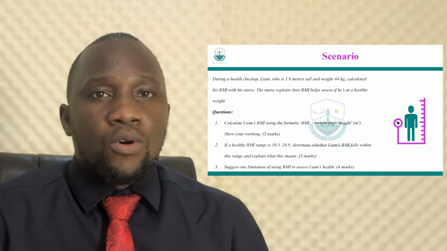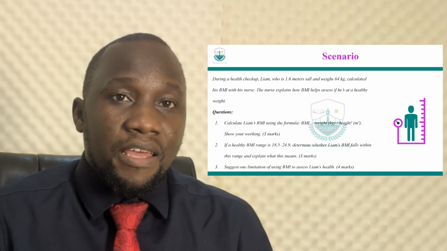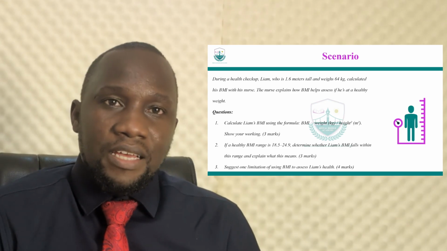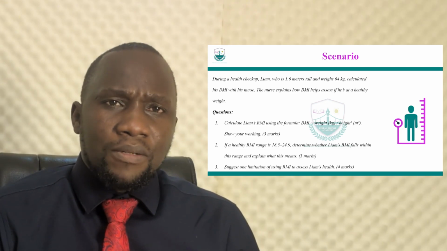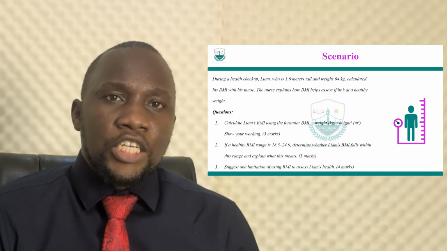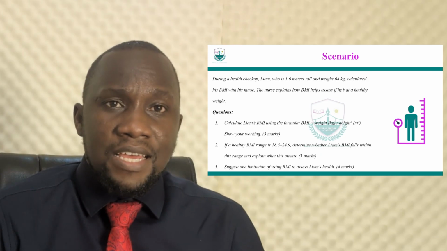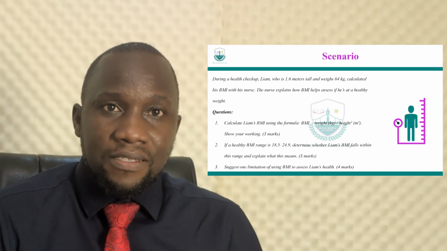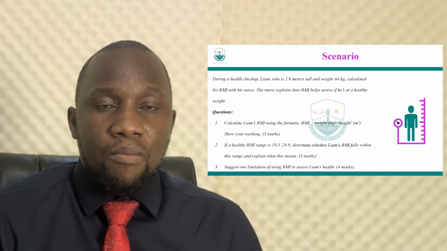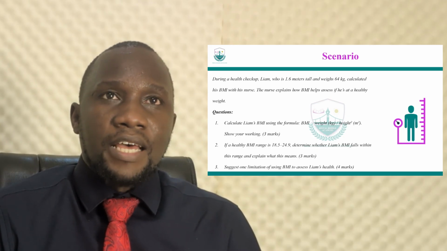Liam has visited a physician, or basically he has gone to see a doctor. While there, the nurse is asked to determine Liam's body mass index. The nurse takes Liam's body weight and also his height.